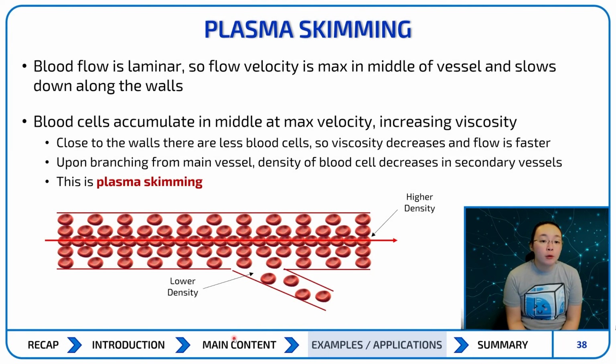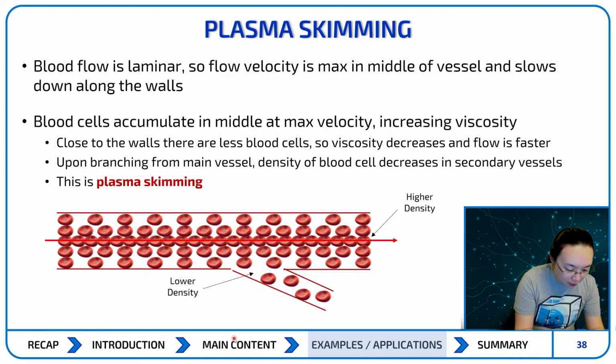Okay, so let's talk about plasma skimming. This is another effect that can be seen in real life. Essentially what, I'll try my best to explain it. Basically, blood flow is laminar, so we can assume a regular velocity profile, a parabolic velocity profile.